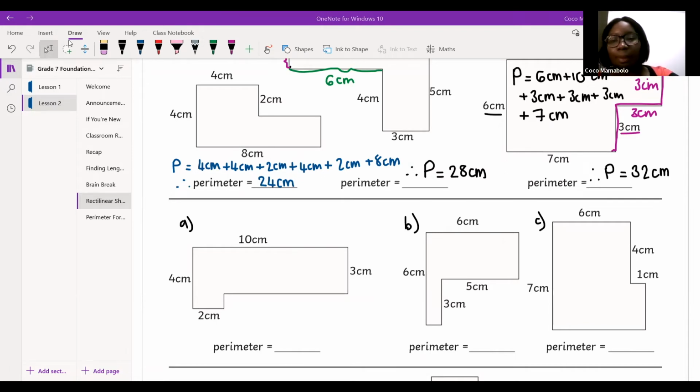Go. I can tell you now, number C is very tricky. So be very careful. Think about the sides that we're looking for, and remember to take screenshots so that you can look at it again when you're done.